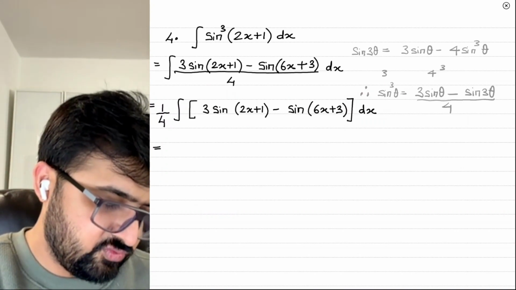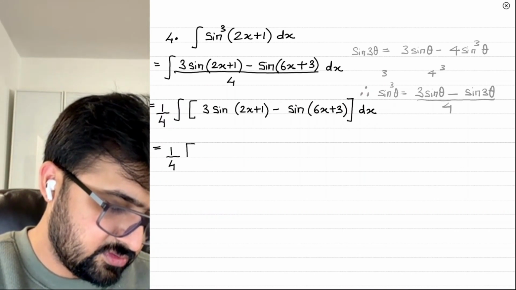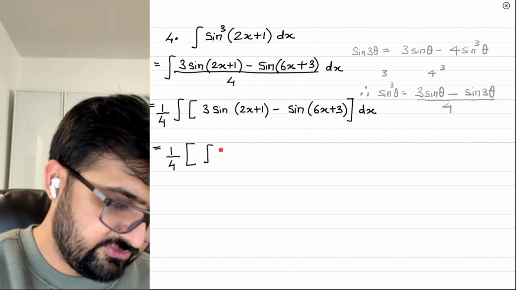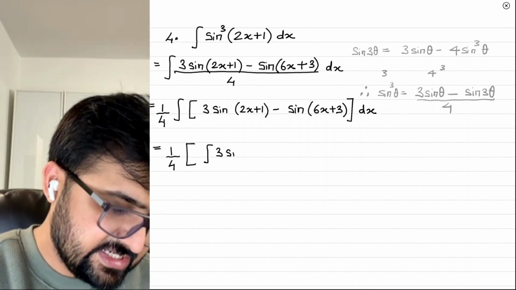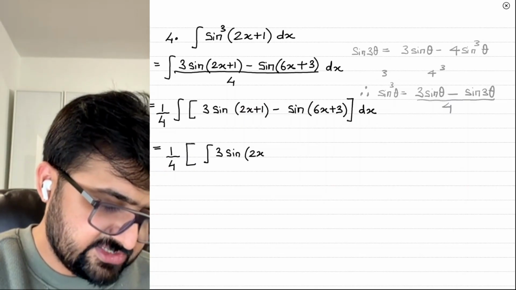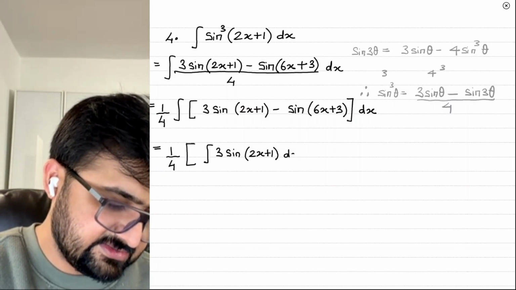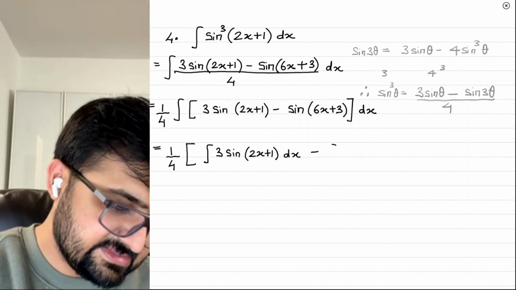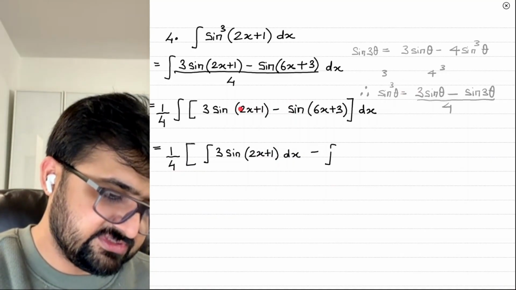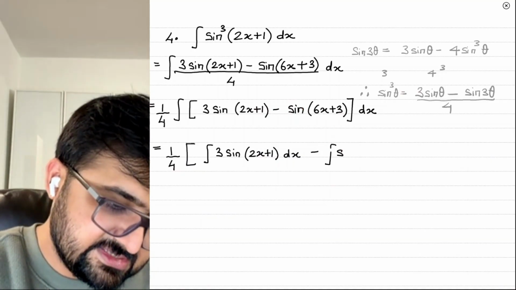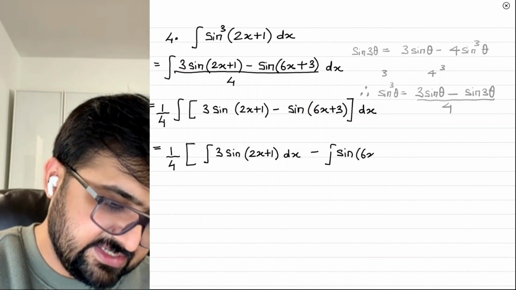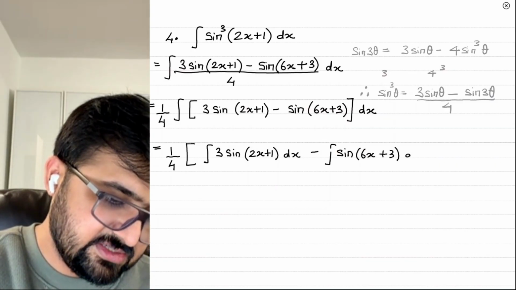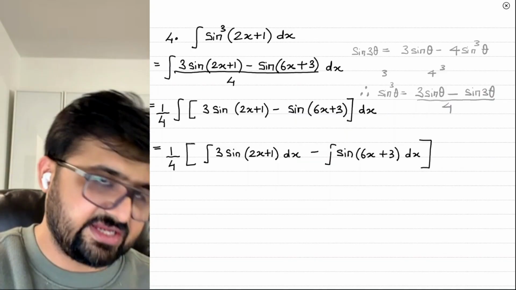So you get 1 over 4 integral of 3 sine 2x plus 1 dx, minus integral, just give the integral to the second term now, sine 6x plus 3 dx, close the bracket.